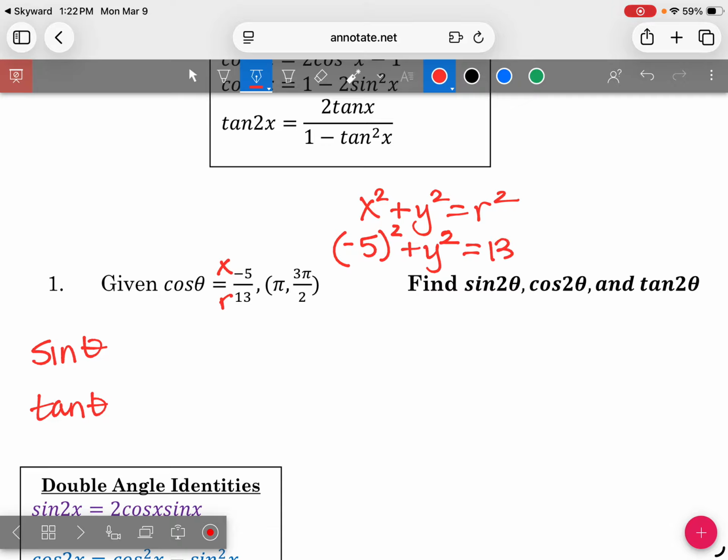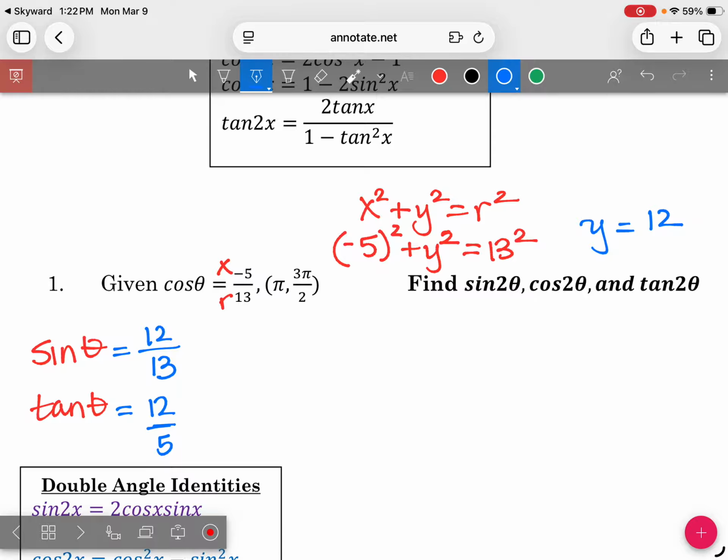And when you solve it for y, I'm just going to tell you because of time, y is going to equal 12. So sine is y over r, which would be 12 over 13. Tangent is y over x, which should be 12 over 5. So we got all 3, but we need to know all 3.